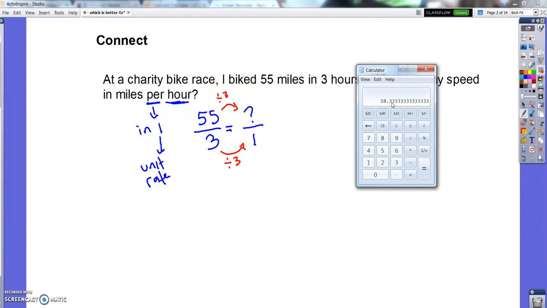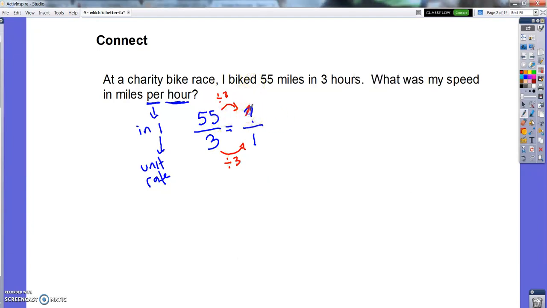A lot of times decimals go on and on forever. If that's the case, we can just cut it off at the 10th place or the 100th place for the time being and say close enough. So I'm going to say at this event I went 18 and 33 hundredths miles per hour.